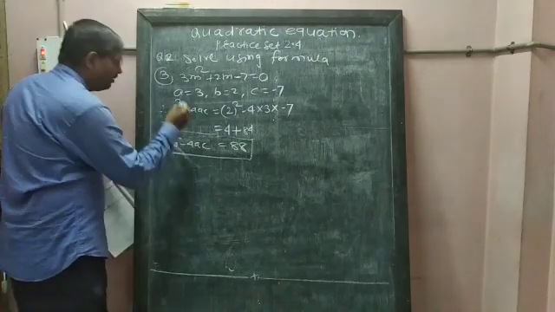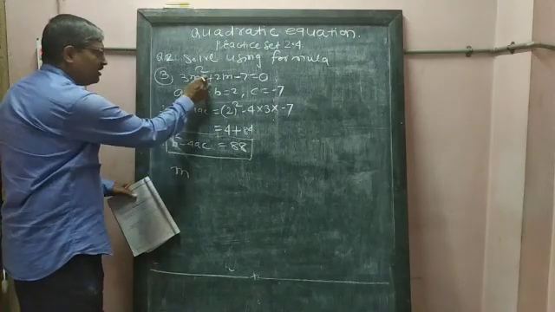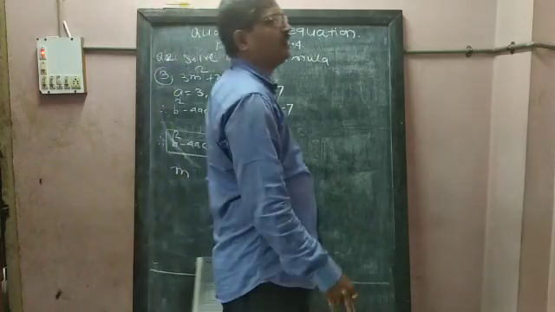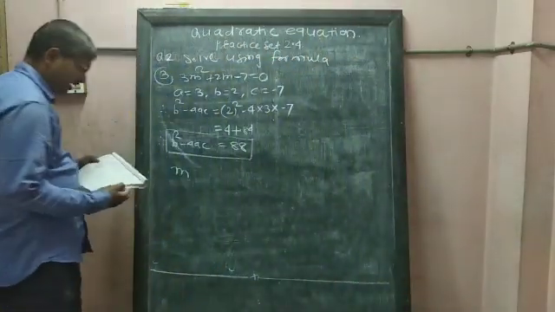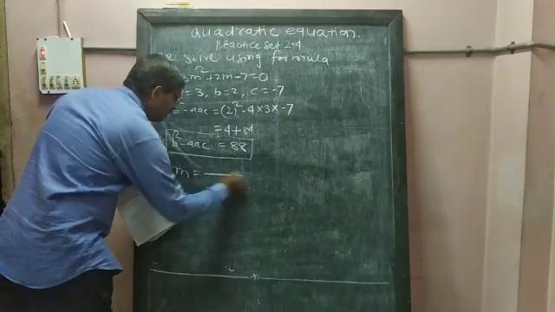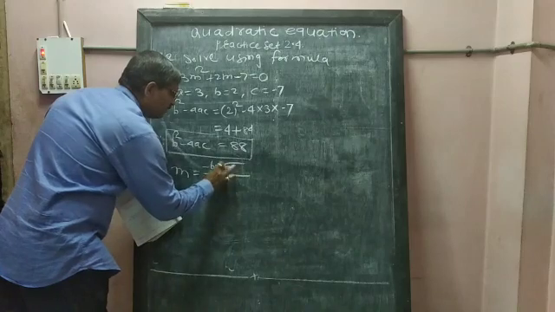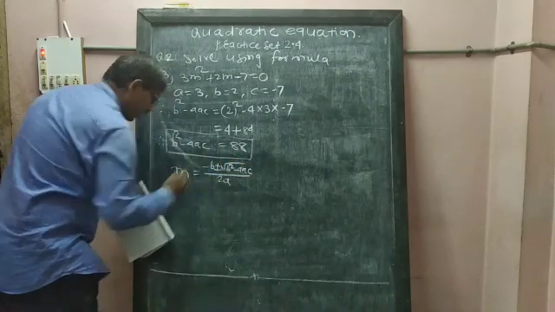Now, in the usual way, by formula, m is equal to, here m is given, so you should take m. If the y variable is used, then you should use y. So look here, m is equal to minus b plus minus under root b square minus 4ac upon 2a.